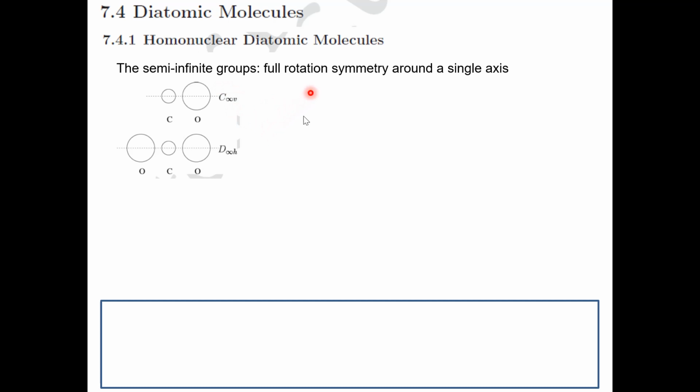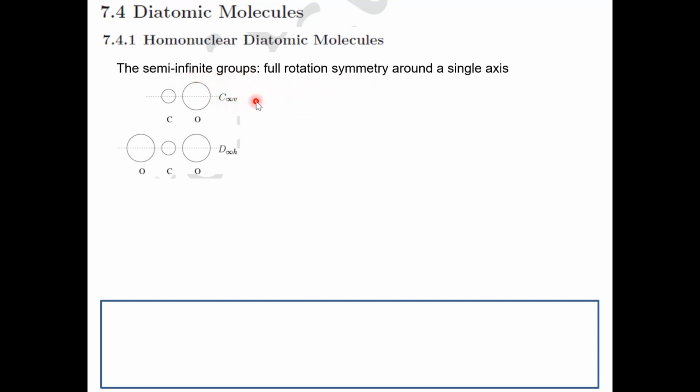As I said before, they are point groups in which I have one symmetry axis and I have a complete, full rotation symmetry around this axis. For any angle that I rotate, the molecule remains the same. And I have two semi-infinite groups in the case of diatomic molecules.